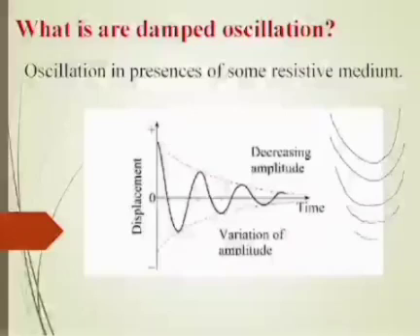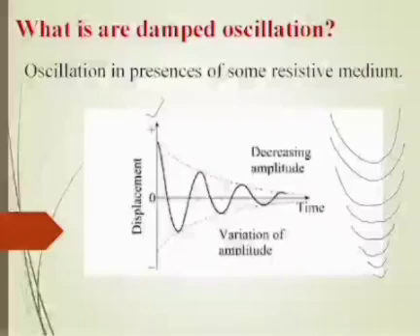This is due to the resistive medium, or the resistance force that is present in the medium. So we can say that oscillations produced in the presence of some resistive medium are known as damped oscillations. We can also understand the concept by looking at this figure.